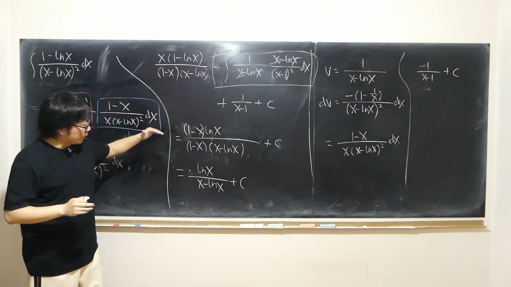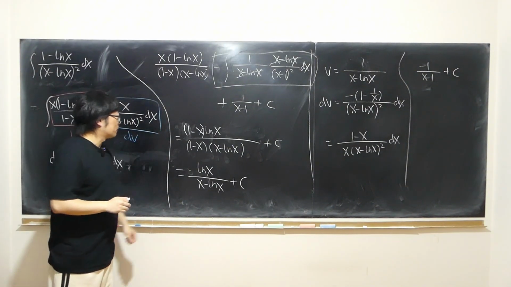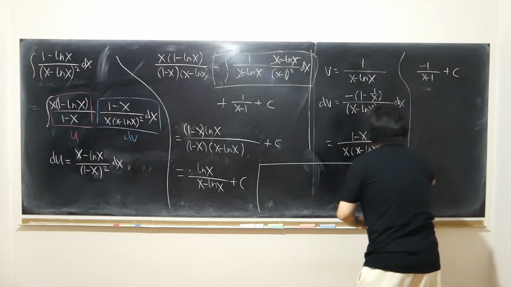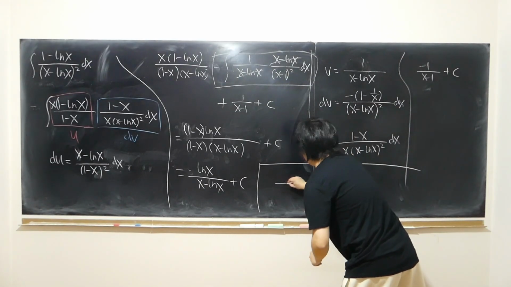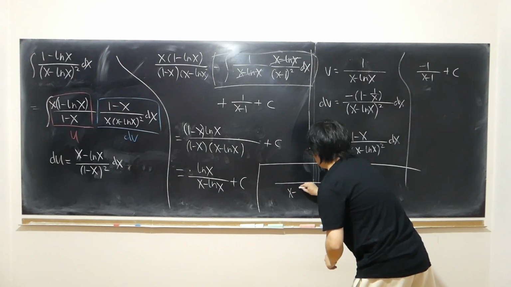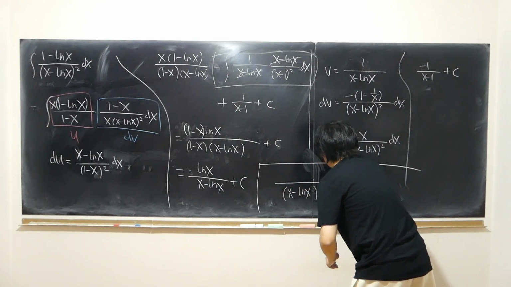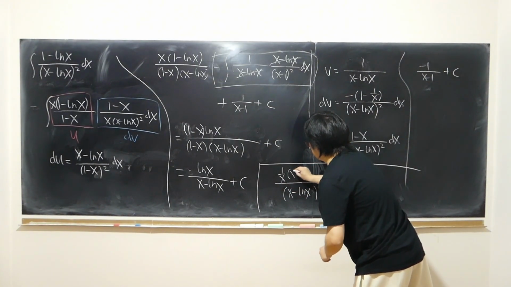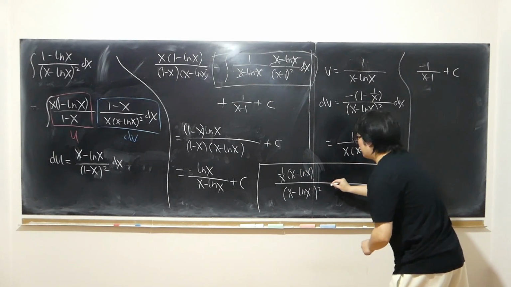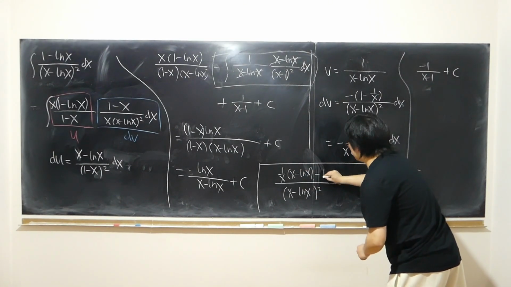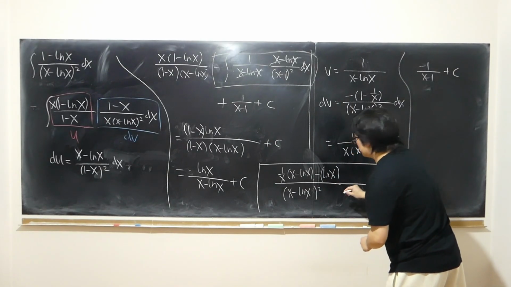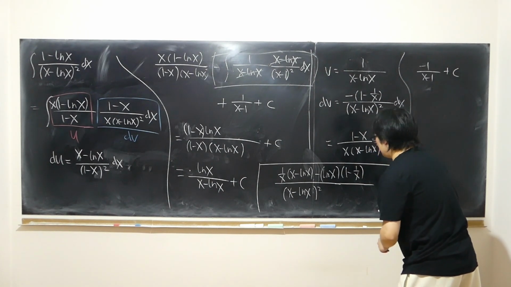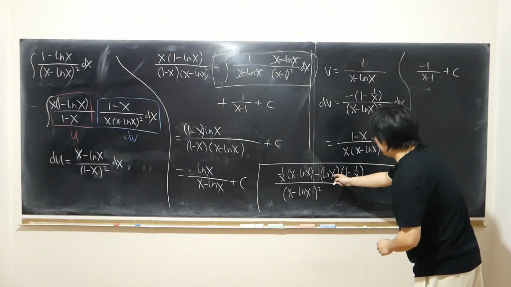But of course, we might want to double check by differentiating it. So when you do that, will you immediately have x minus log x squared? Differentiate top, copy down the bottom, keep the top minus keep the top, differentiate the bottom, 1 minus 1 over x. What do we have here?